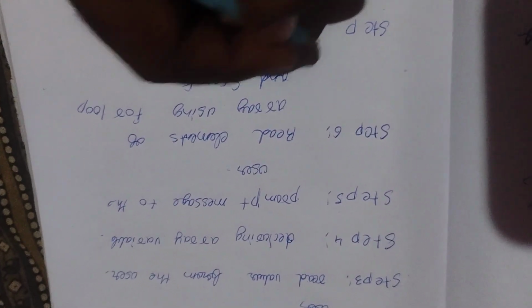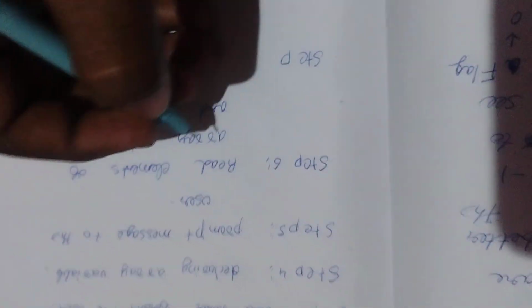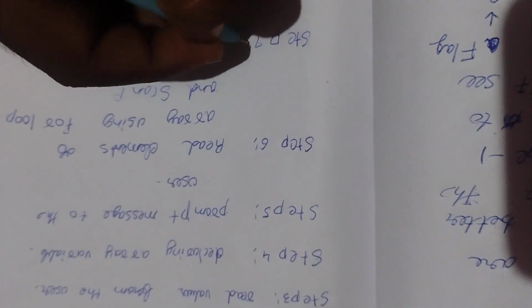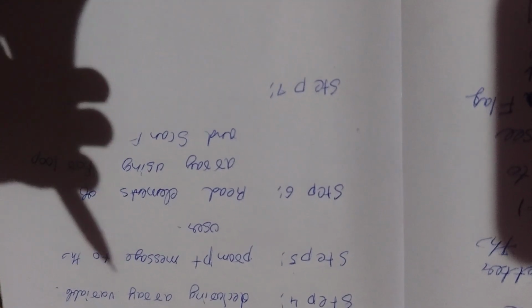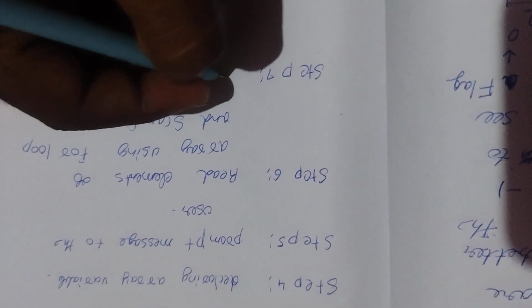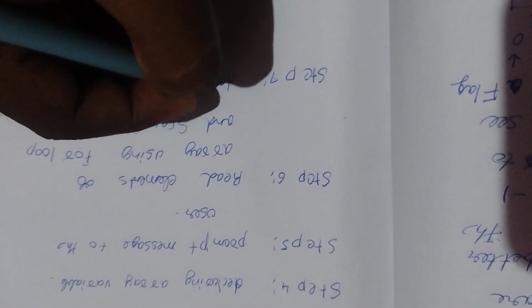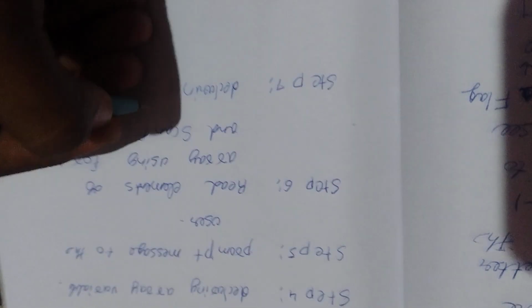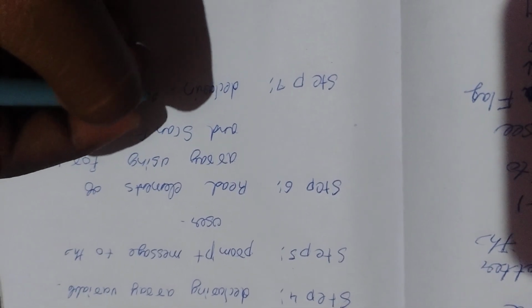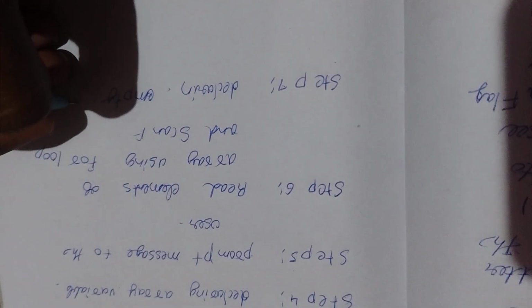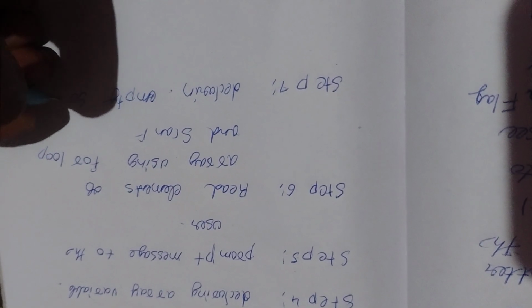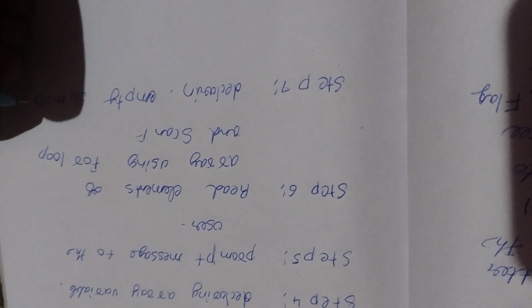Now step 7. I need to add the values. First I'm going to declare an empty variable, sum is equal to 0.